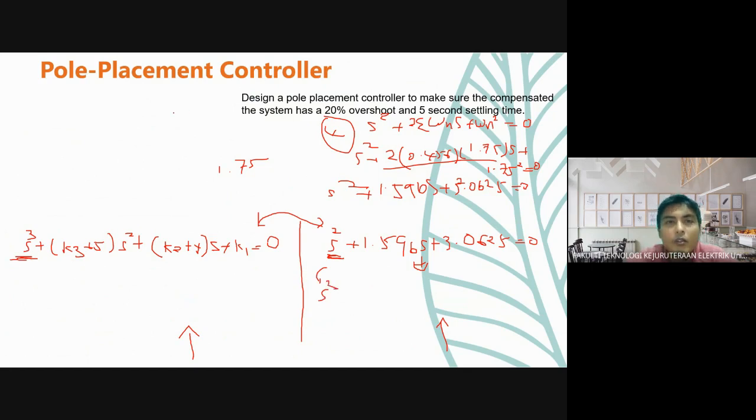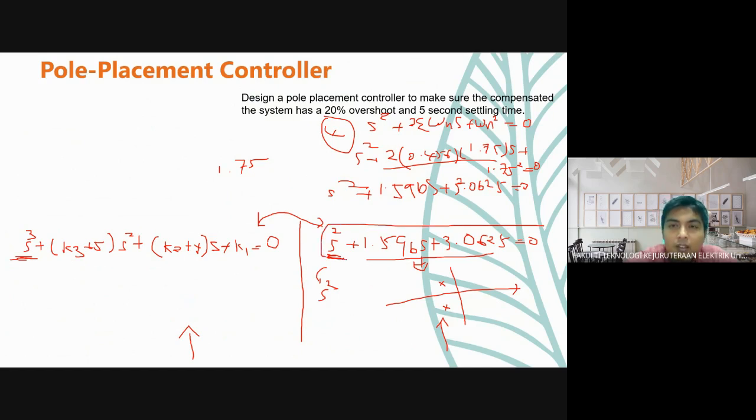Okay, so for example, let's say this will give you the pole location. This is an example of the pole location.